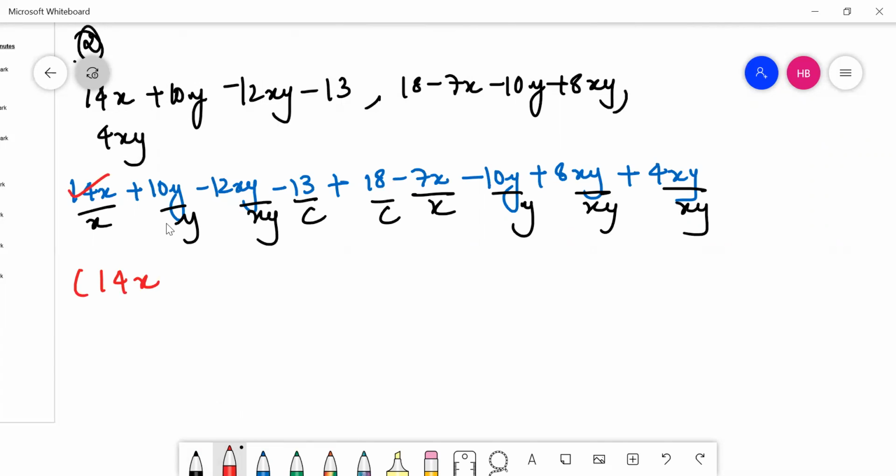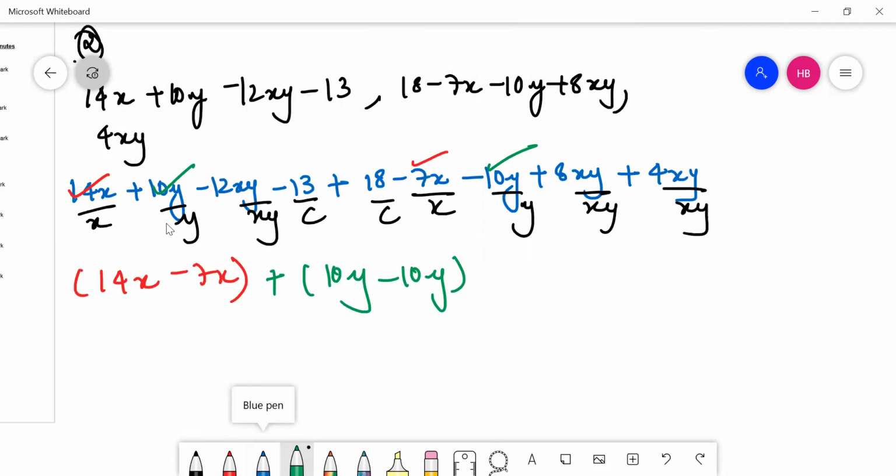So 14x minus 7x, correct? That is the like term, so I group them together. Then the second like term: I'm going to group the y terms together. So it is 10y and minus 10y. Correct.